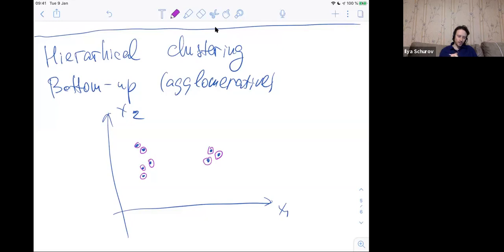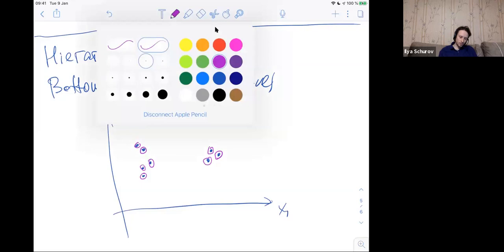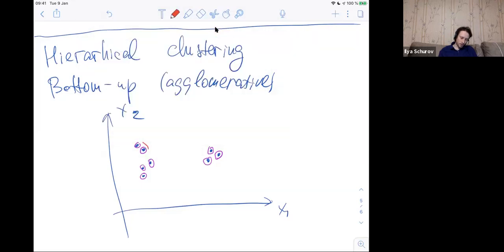And on the second step, we choose the points that have the smallest distance between them. In this case, it can be these 2 points. And we unite these points into another cluster of the second level.